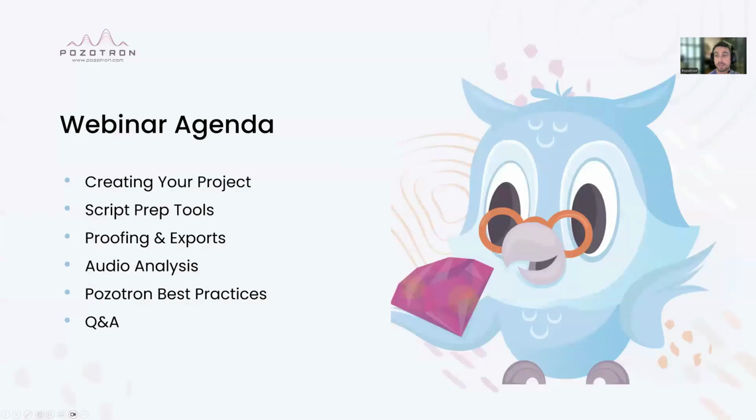So what we'll be talking about today is the entire process, start to finish, of creating a project in Pozotron. Then we'll go into the pre-production prep tools that you can use to help yourself prepare for a project by looking up pronunciations and researching characters.